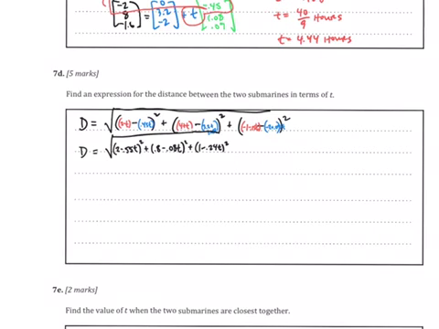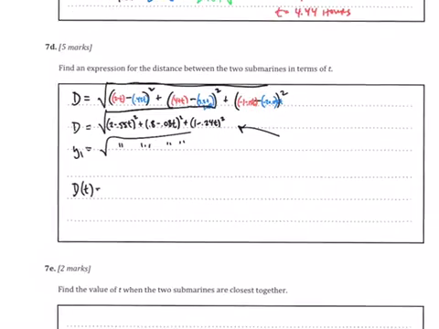All right, and what I would do is type this in as y1 in your calculator, all that stuff all the way through. Okay, that would be the expression. You can leave it just like this. For the distance, of course, this will be distance with respect to time between the two submarines.